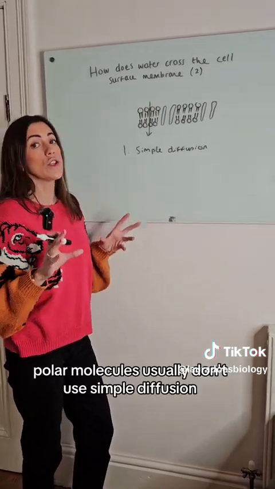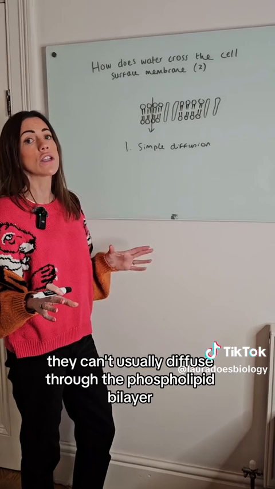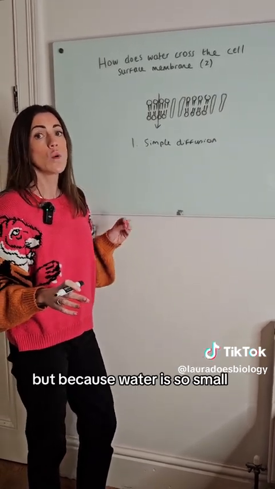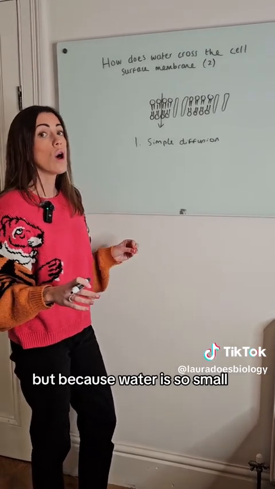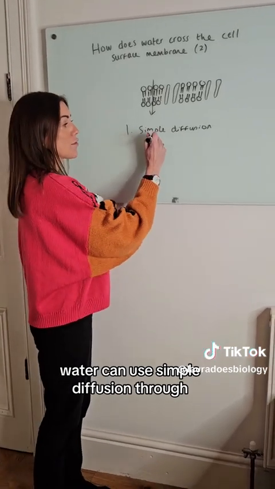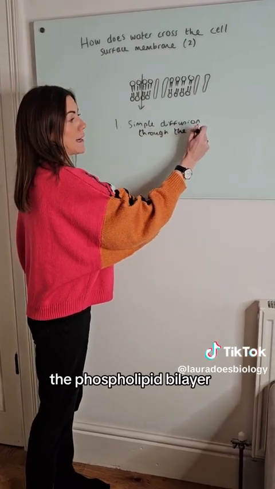Polar molecules usually don't use simple diffusion. They can't usually diffuse through the phospholipid bilayer. But because water is so small, water can use simple diffusion through the phospholipid bilayer.